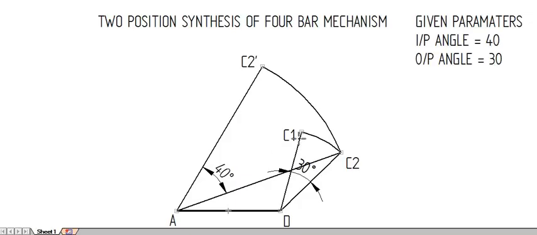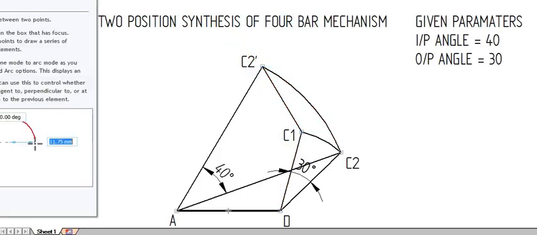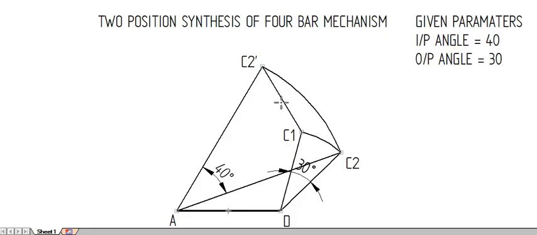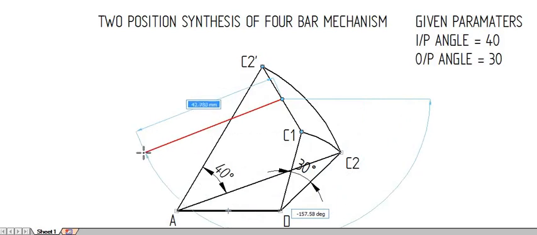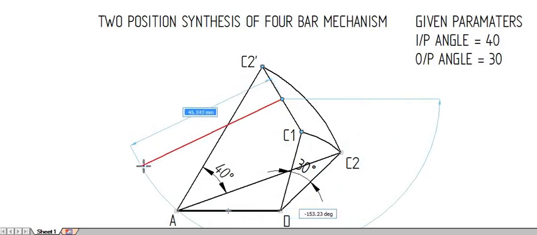Now I am going to join C1 and C2 dash. After that I am going to draw the perpendicular bisector of C1 C2 dash. That is, with the center point of the C1 C2 dash line, I am going to draw a line which is perpendicular.